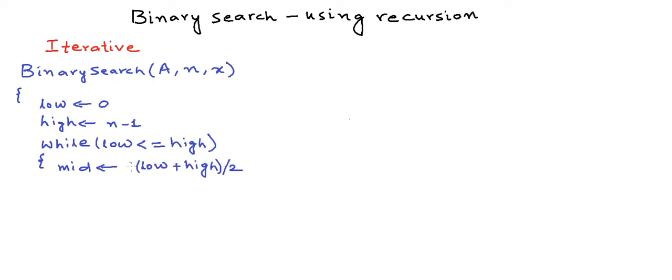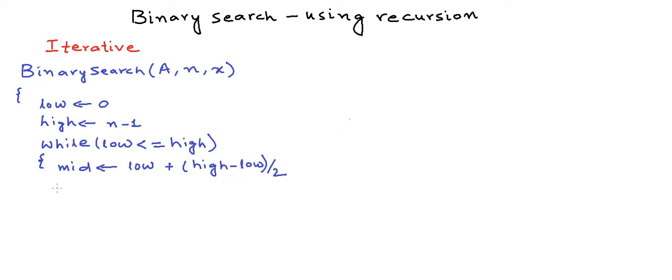It's a better practice to calculate mid as low + (high - low) / 2, which is the same thing except that we are not calculating low plus high. Sometimes low and high individually are within the range of an integer variable, but high plus low overflows the range or limit of an integer variable.